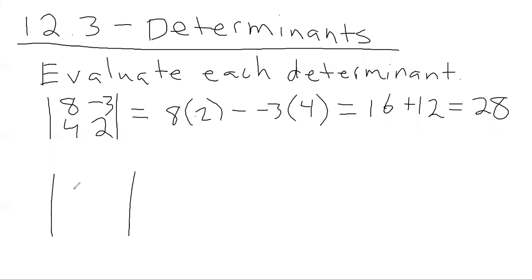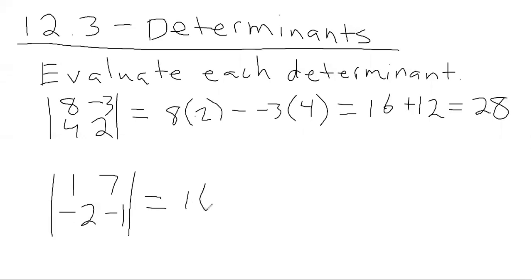If I have a matrix 1, 7, -2, -1, and I want to find the value of the determinant, I'm first going to multiply the diagonal with the 1 and the -1. Then I'm going to multiply the diagonal with the 7 and the -2, and then subtract those two products.